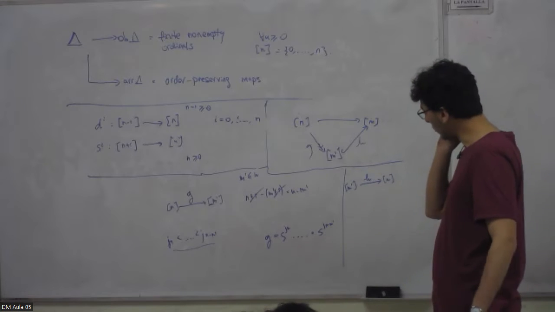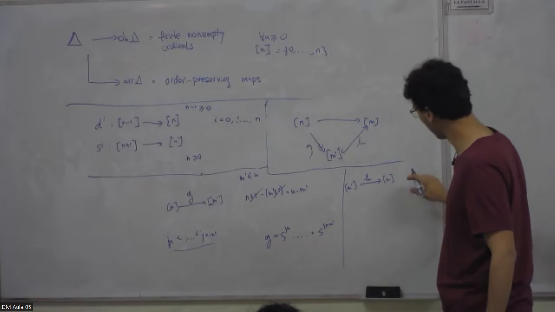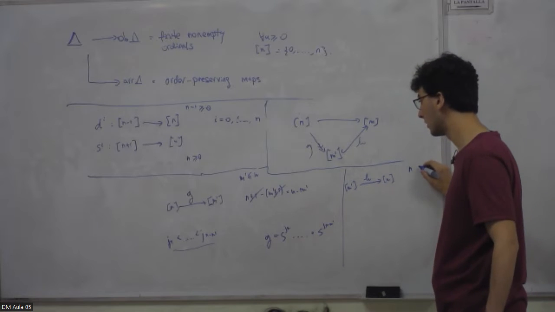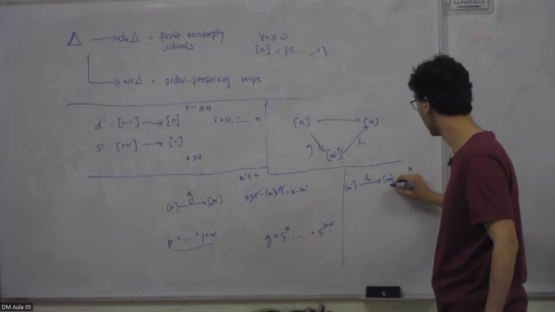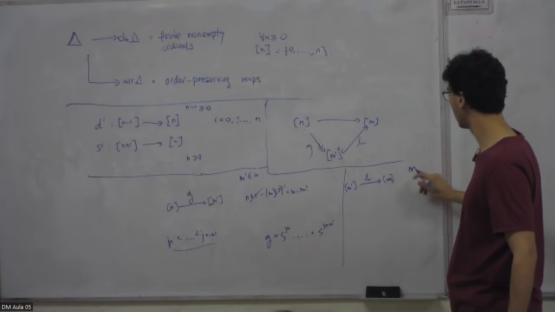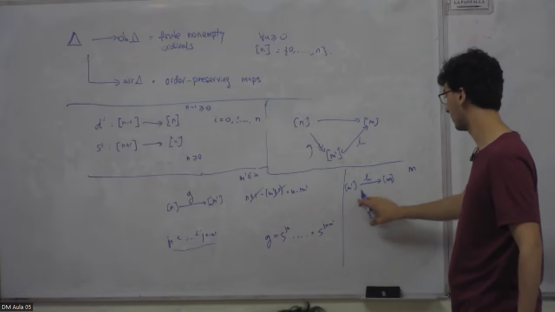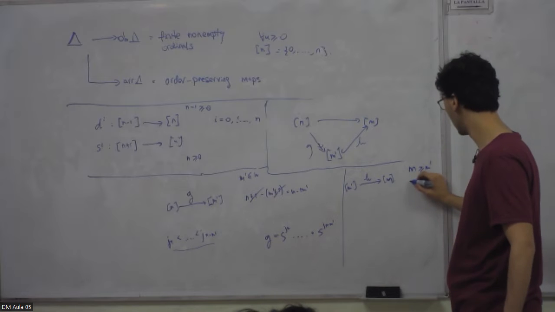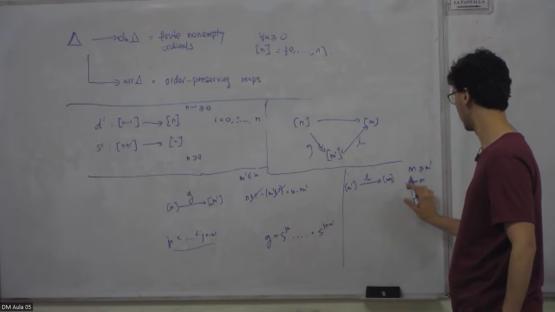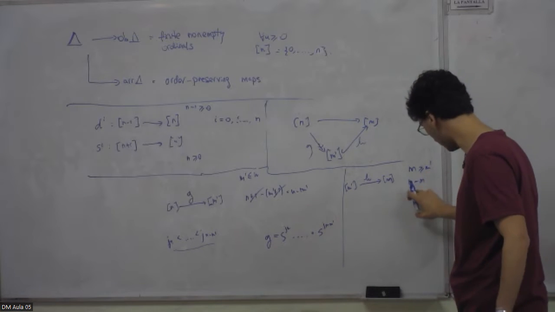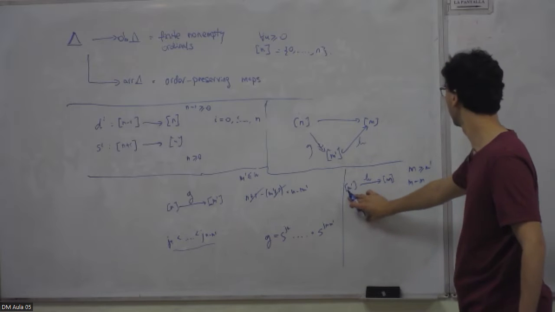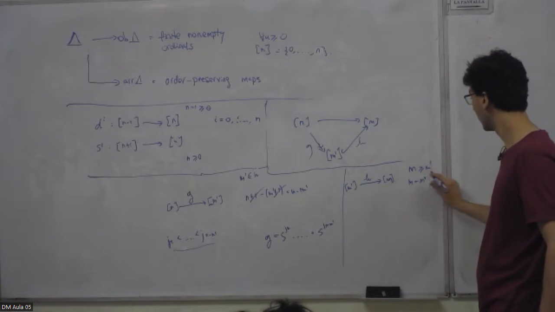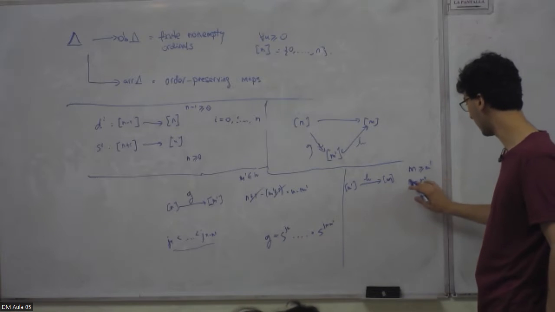For this to be an injection, m has to be at least as big as this one. So we have this condition. And how many extra points will it have? Again, it will be m plus 1 minus m prime plus 1, which is basically this subtraction. This is the number of extra points.